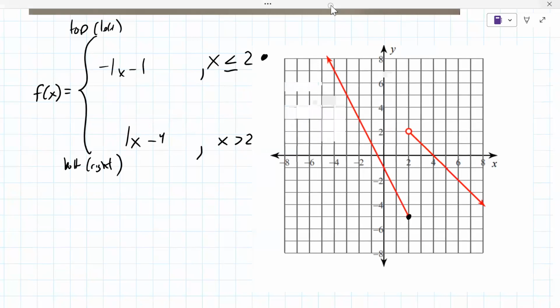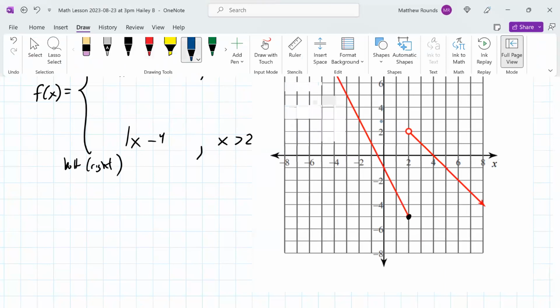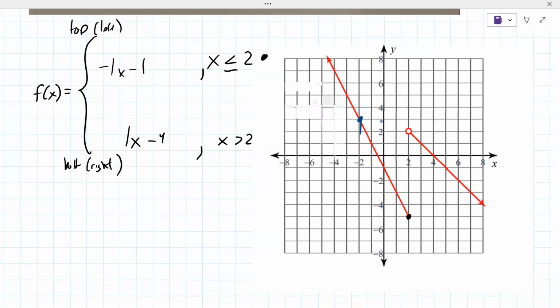Now on the slope front here, this time it's down 2, right 1. So the slope there would be -2/1. So it'd be negative 2 in front instead.